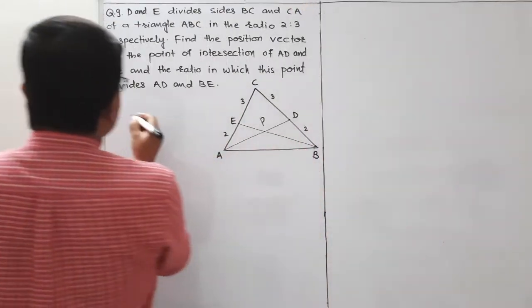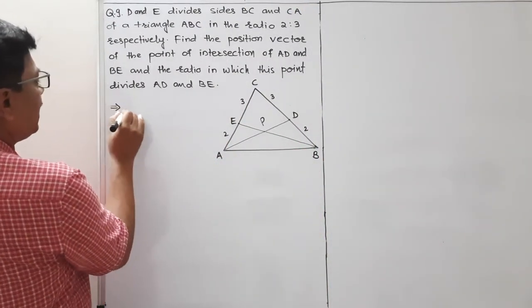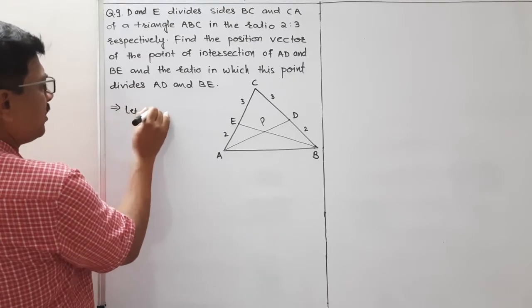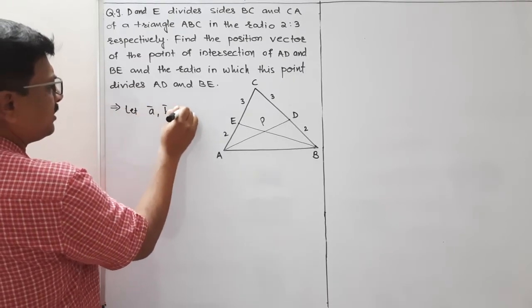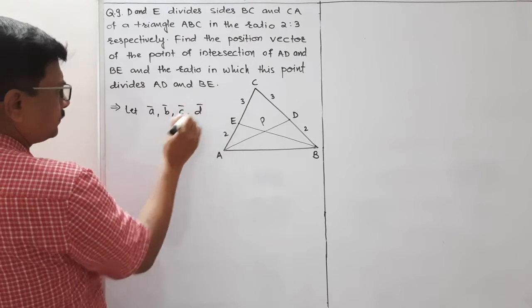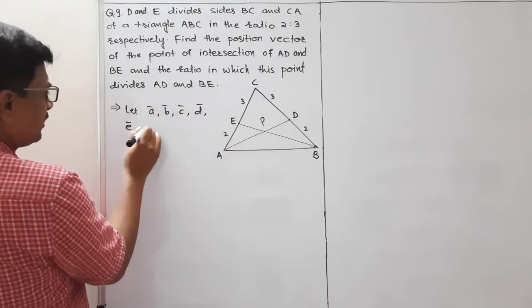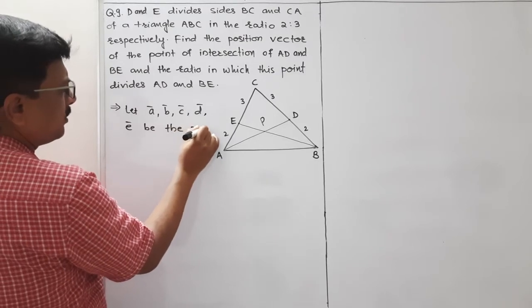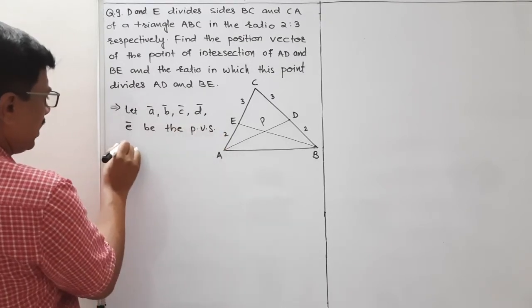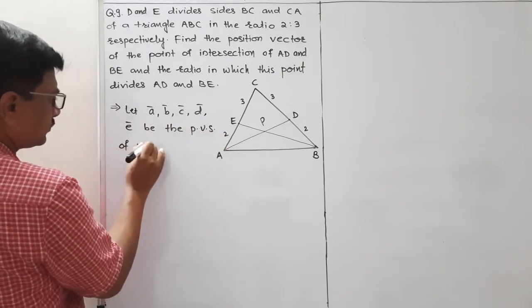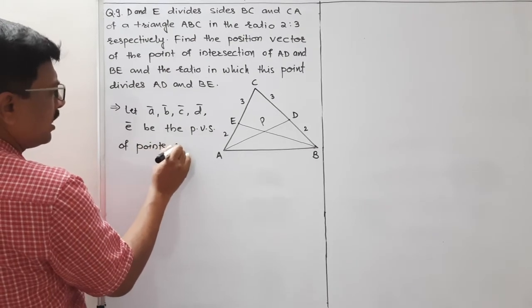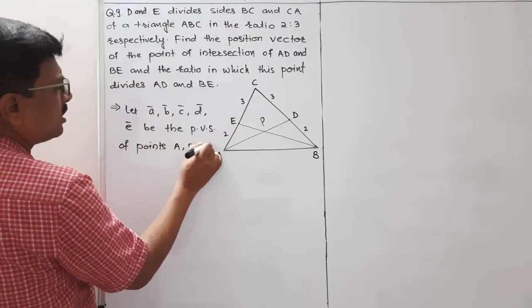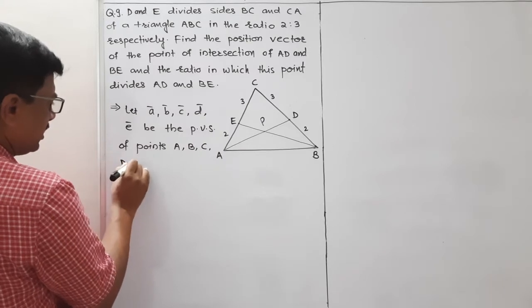Now for that, let a vector, b vector, c vector, d vector, e vector be the position vectors of points A, B, C, D, and E respectively.